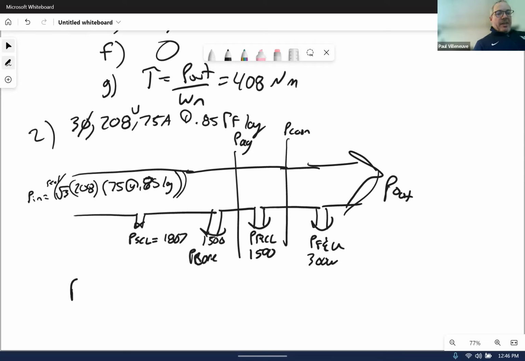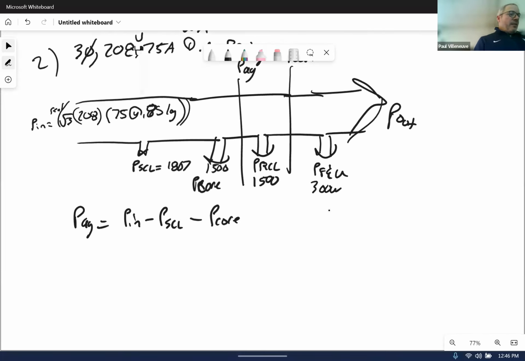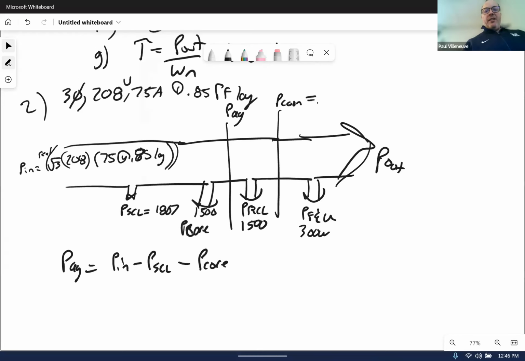So it asks for P air gap. What's P air gap? It's P in minus the stator copper losses, minus the core losses. Then it says mechanical power developed, not output. So this P converted is the same thing as P developed.